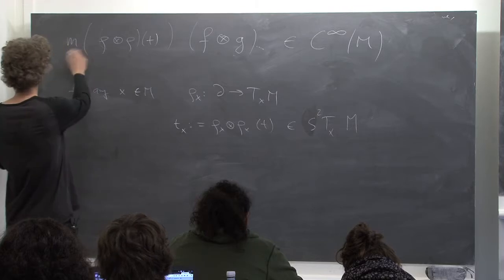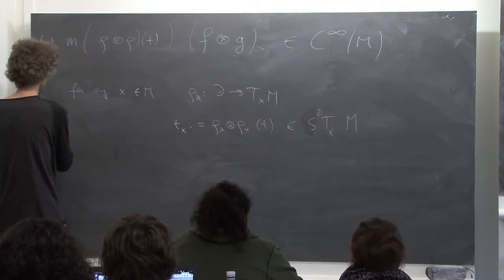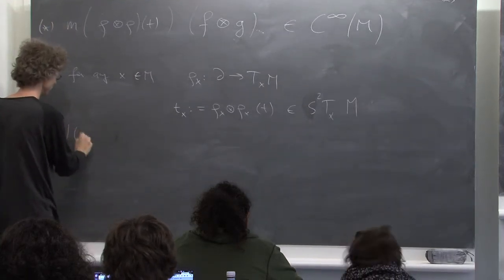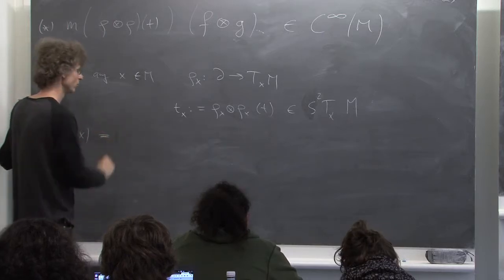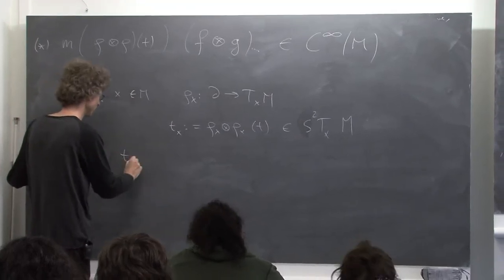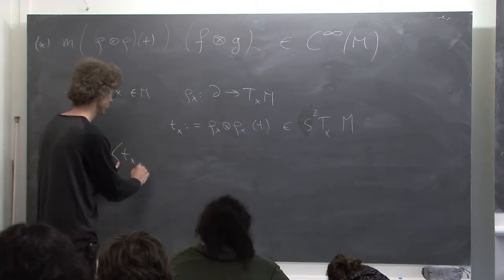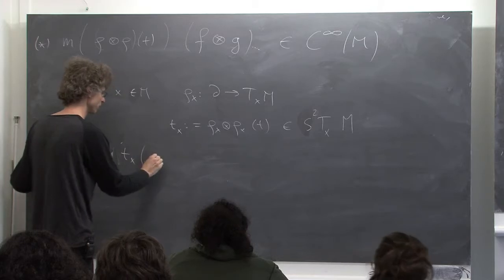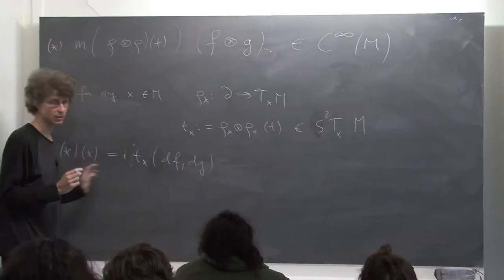And then this horrible function computed at point x is nobody but simply T_x, which acts on, or is paired with, if you wish, df and dg.